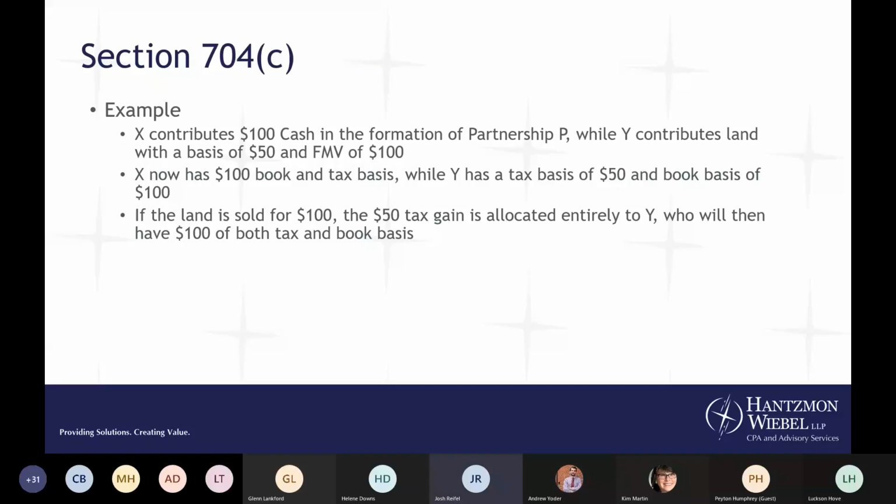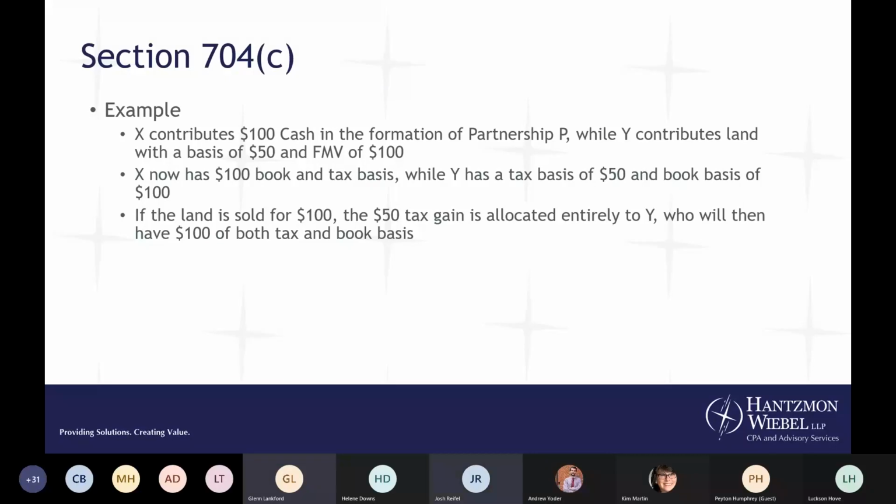Does that answer your question, or do I need to go into it more? I think it does. So if it was sold for $80, for example, you'd allocate the $30 tax gain to partner X. Wait a minute, Josh, the $30 tax gain would get allocated to Y because he was the one who contributed the land.